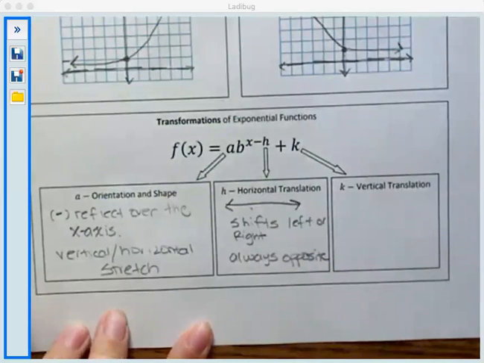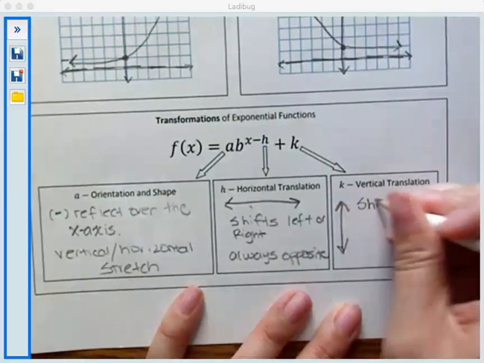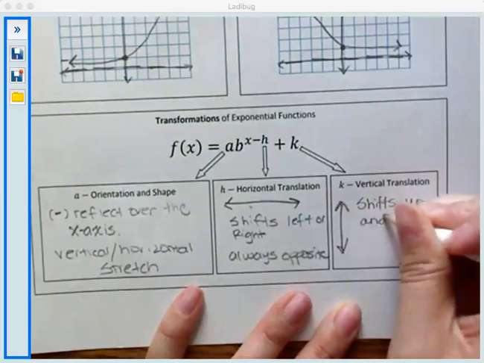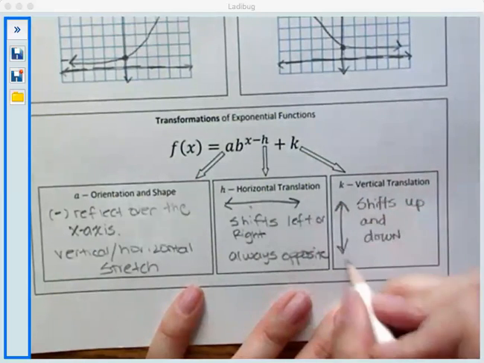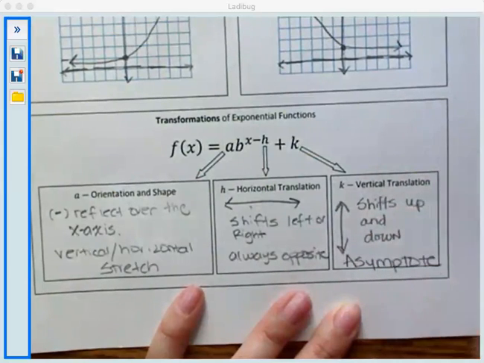Okay, and then our k shifts the graph up and down. Okay, our k is also our asymptote. So you need to make sure you do know that your k is also your asymptote.